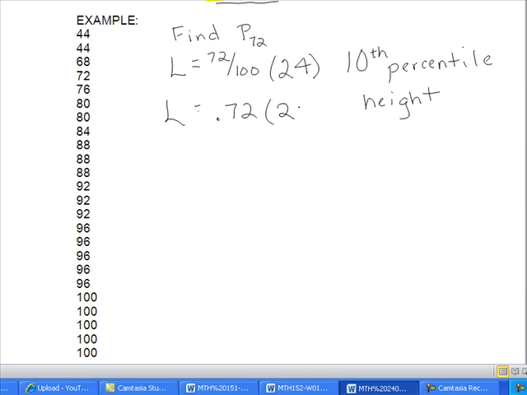So when you're saying 72nd percentile, you're talking about 0.72. So I'm going to turn my calculator on and multiply 0.72 times 24. I get my locator is 17.28.